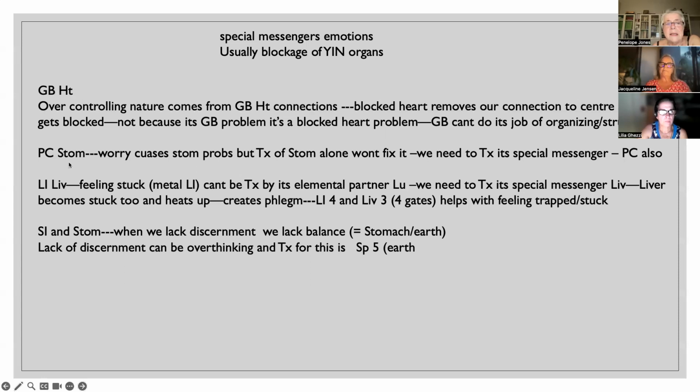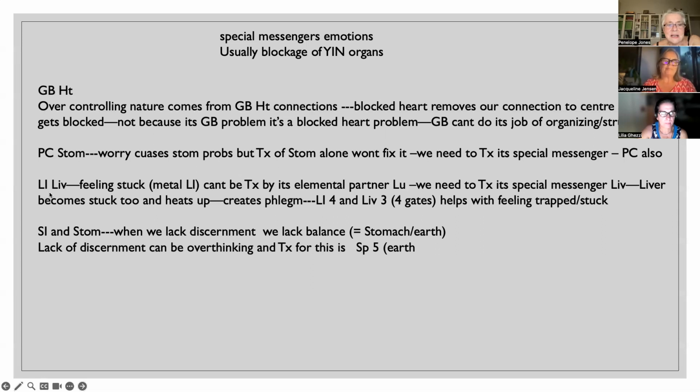Now, the pericardium and stomach: worry causes stomach problems, but if you just treat the stomach alone, it won't fix it. We need to treat its special messenger, the pericardium, first. Here's some practical stuff for you, Jacqueline. I knew you'd enjoy this.